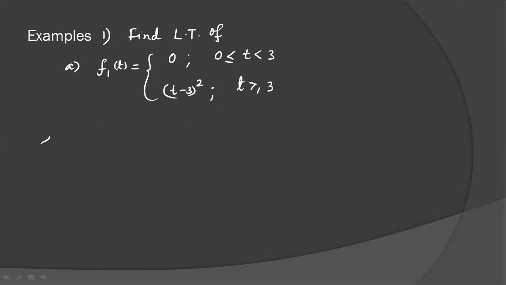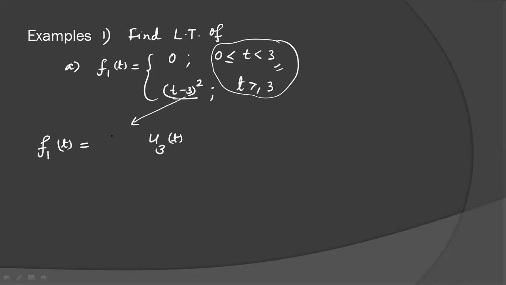Can we break it into a unit step function? See carefully. What is the point of discontinuity? 3 is the point of discontinuity. So we have to write u_3(t). And what is the rest of the function? You have to keep this function here only, (t minus 3) square.